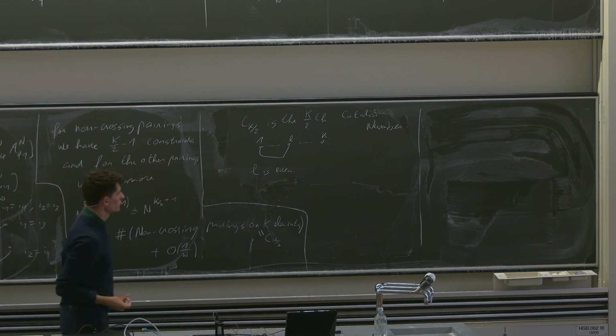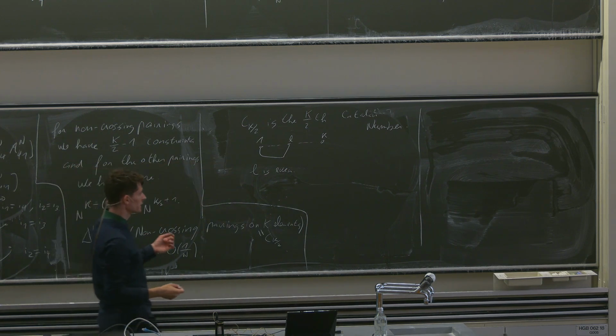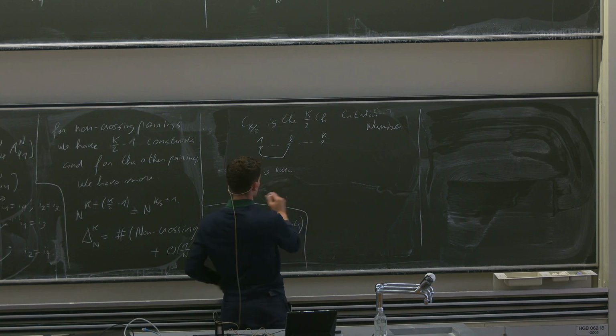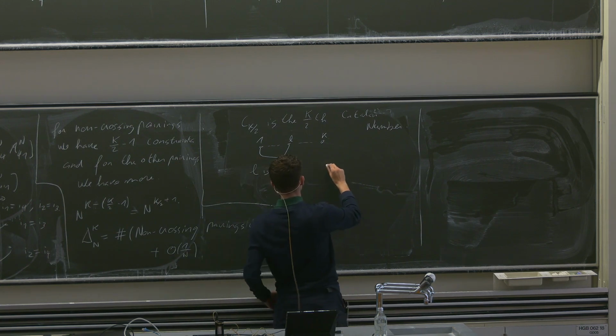Now we want to find the recursion for c k divided by 2. So what is c k divided by 2?